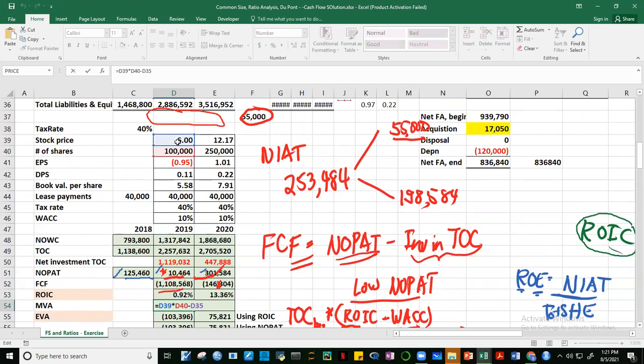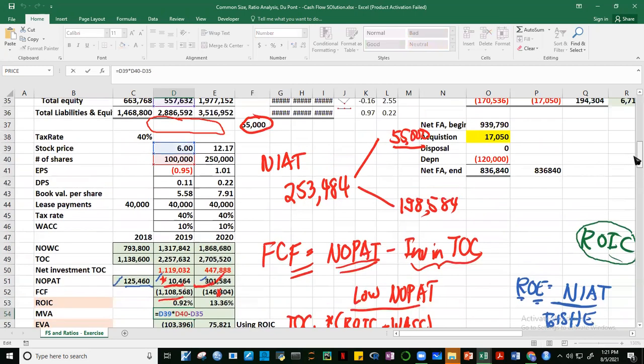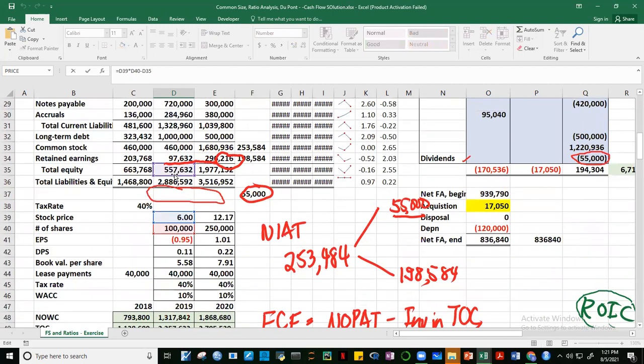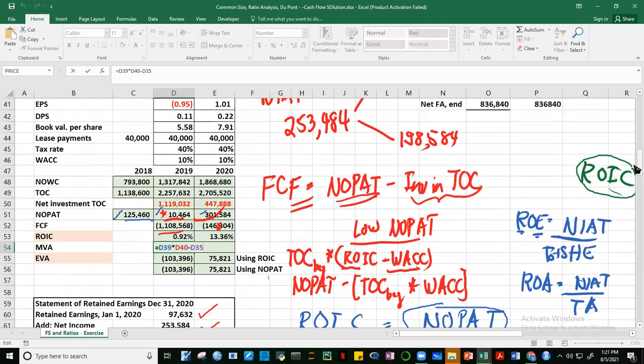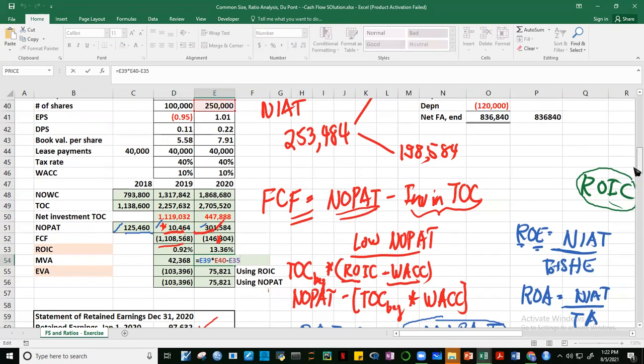This is the market value of the stock. And then i-minus natin, D35 is the book value of your equity. Okay? So positive, 42,368. Ibig sabihin, okay to. Kung i-compare natin yung market capitalization ngayon at saka yung book value, mas mataas yung market cap. Which is good kasi ibig sabihin nun, may capital appreciation. Ito naman guys, ganun din to, no?